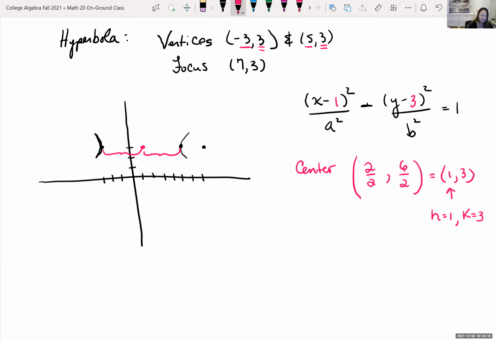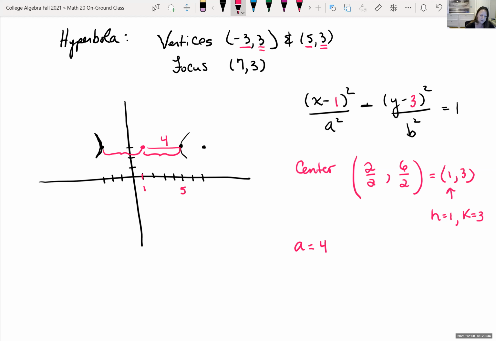If I'm going from x equals 1 to x equals 5, that distance is just 4. And so I know A is equal to 4.